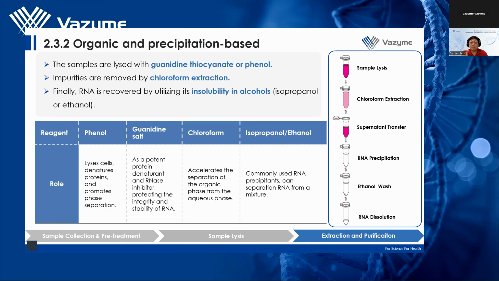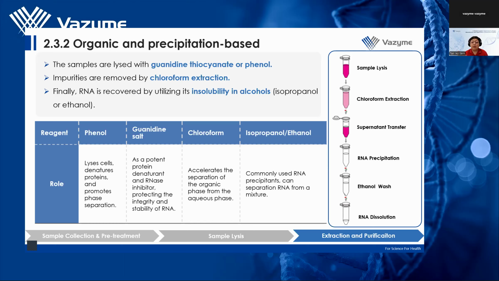This phase separation facilitates subsequent RNA extraction and purification. Lastly, we have the alcohols, either ethanol or isopropanol, which compete with the nucleic acids for water molecules, therefore causing nucleic acids to dehydrate, aggregate, and precipitate, ultimately yielding the RNA precipitates that you're looking for.